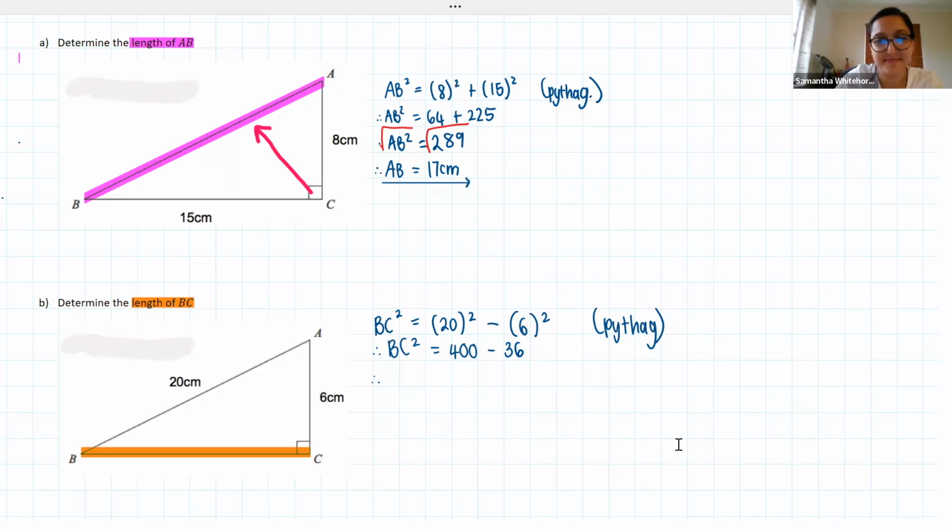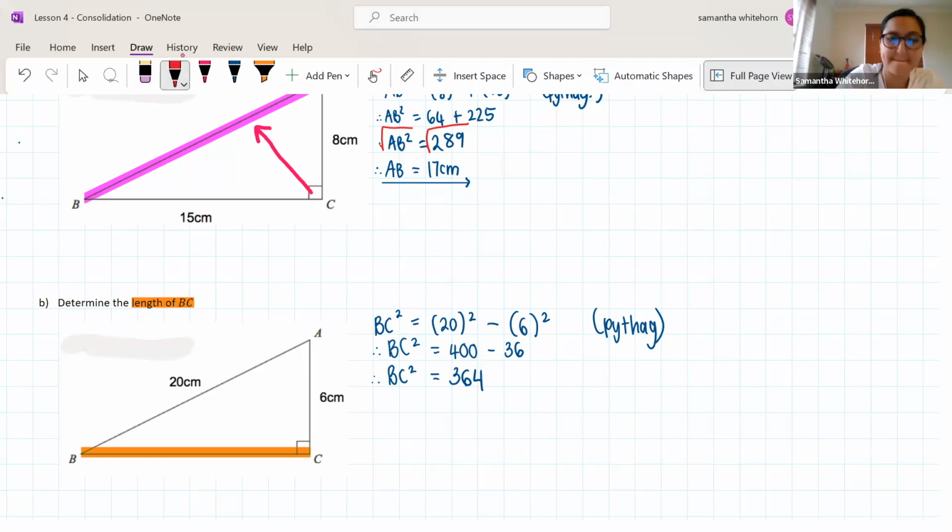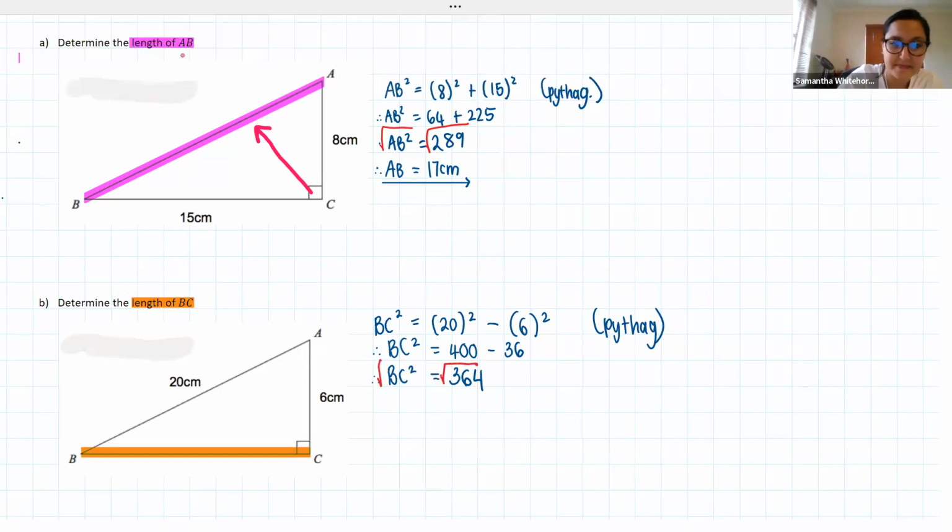And then I got BC to the power of 2 is equal to 364. Nice. Yeah, 364. So I square rooted that. Nice. And I got BC is equal to 19.08. Excellent. Well done.